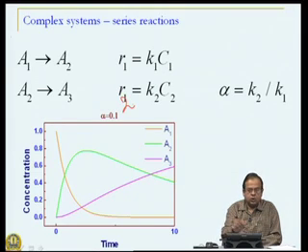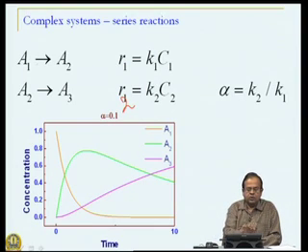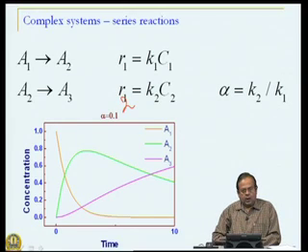R1 is K1 C1, R2 is K2 C2, and for the sake of argument, let us say that we are conducting this reaction in a batch reactor.